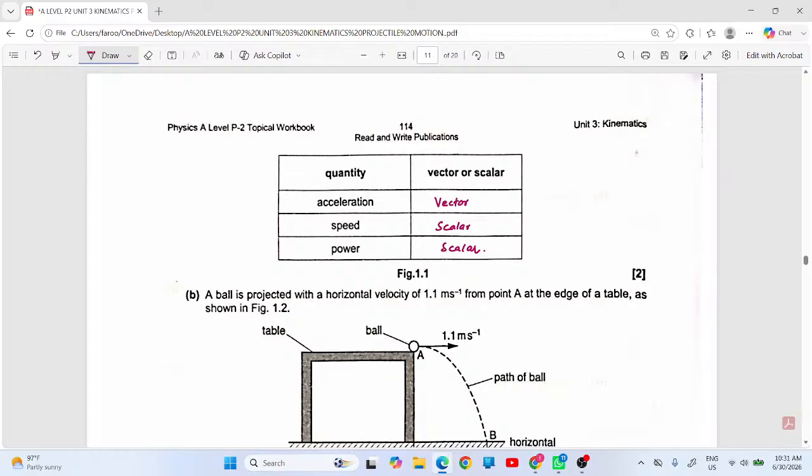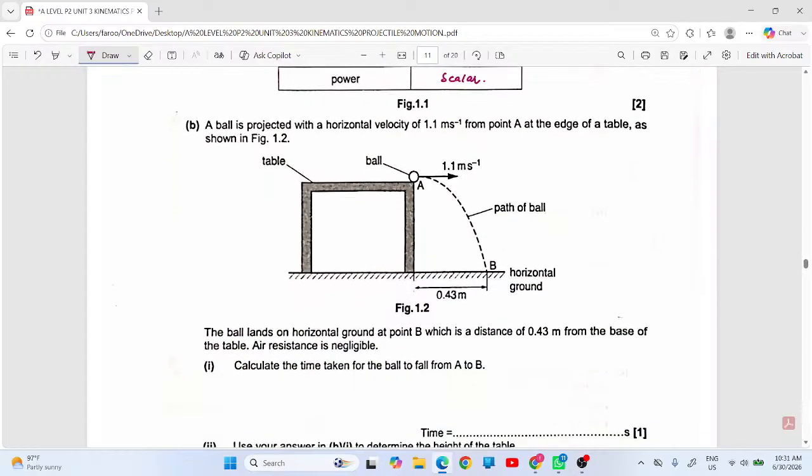Next, a ball is projected with a horizontal velocity of 1.1 meter per second from point A at the edge of the table as shown in figure 1.2.